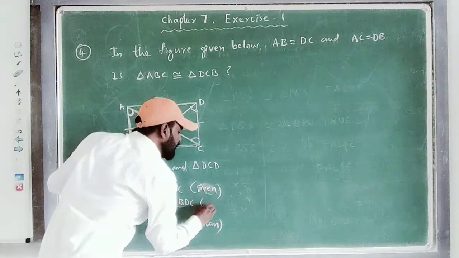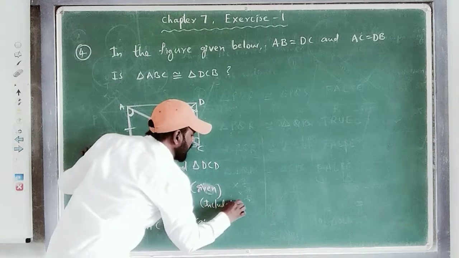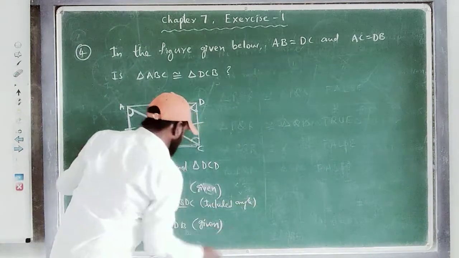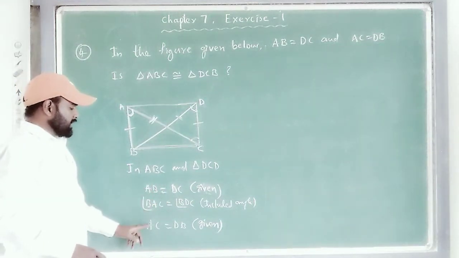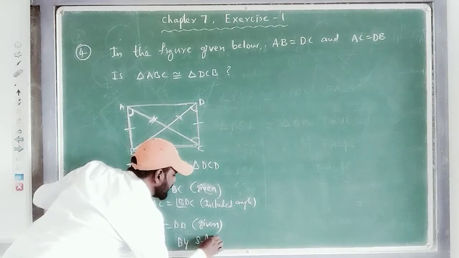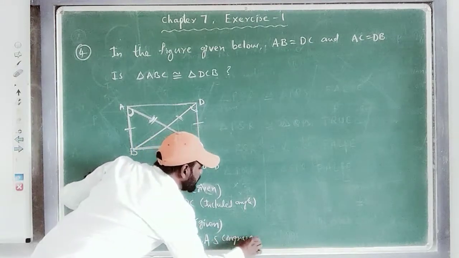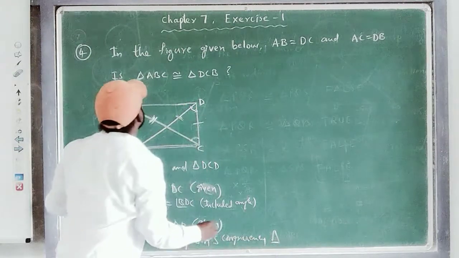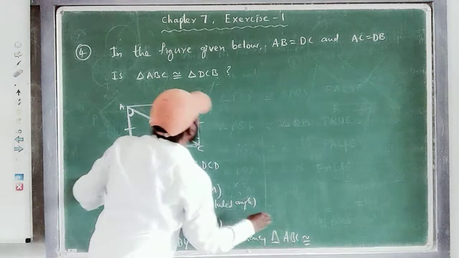So this is the corresponding included angle. So by side angle side, by SAS congruency, triangle ABC is congruent to triangle DCB.